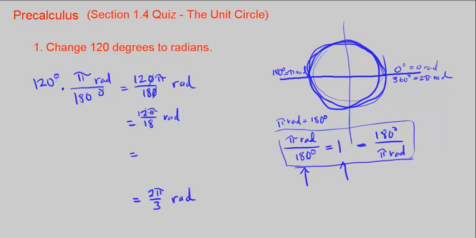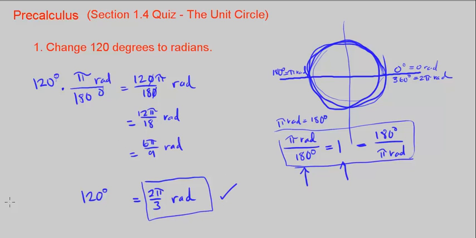Again, you can divide the numerator and denominator by, for example, 2, so you get 6 pi and 9, right? And then you can divide the numerator and denominator by 3. You divide 6 pi by 3, you get 2 pi, and 9 by 3, you get 3. So here it is in simplified form, 120 degrees equals 2 pi over 3 radians.